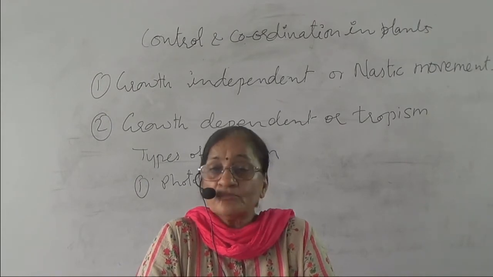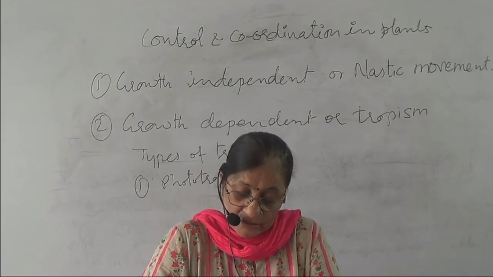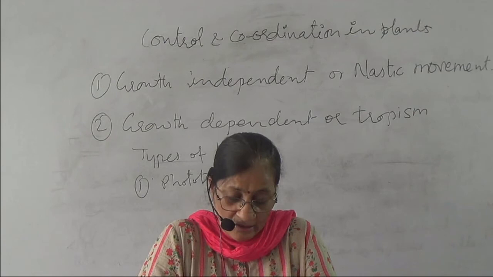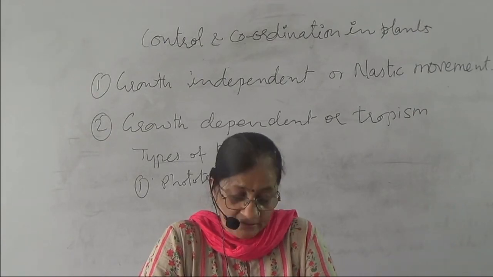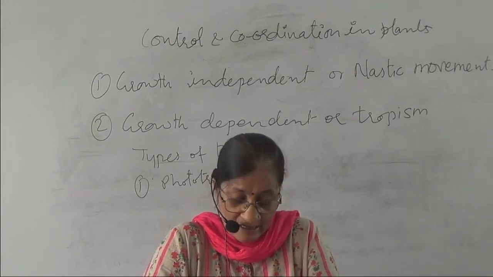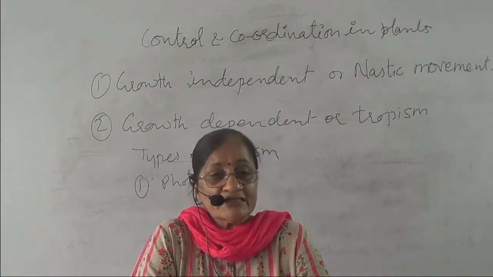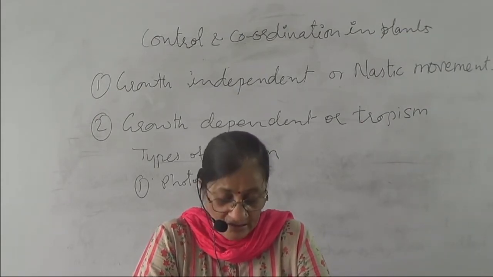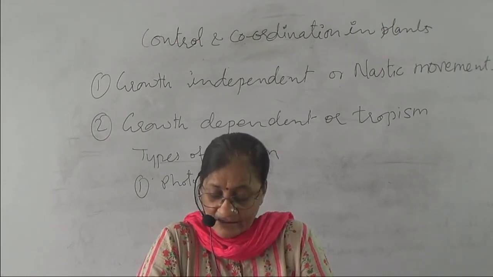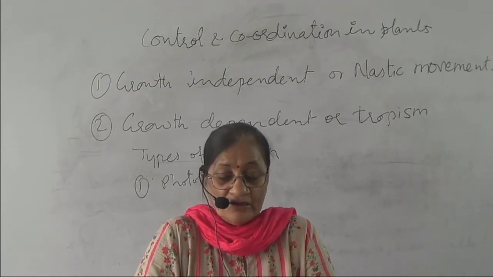So the hormone auxin released at the tip moves to one side and is concentrated more on the side not receiving light, the shady side. Due to the presence of more auxin, the shady side grows faster. As a result, the stem bends towards the direction of light.